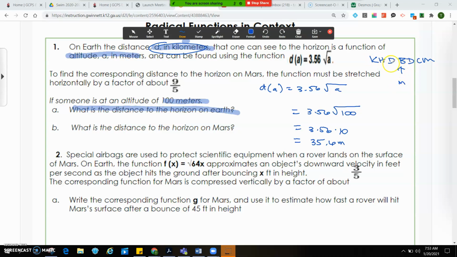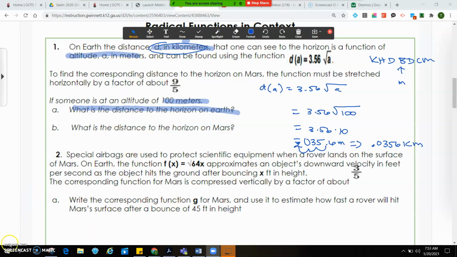So that's going to be 1, 2, 3 units to the left. So that's going to be 0.0356 kilometers.